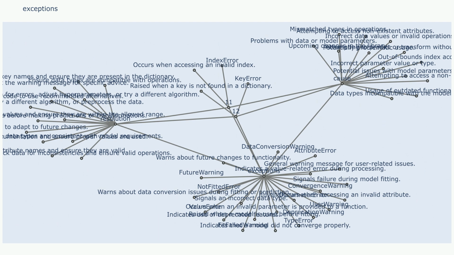NotFittedError. Description: indicates an attempt to use a model that has not been fitted to data. Causes: trying to predict or transform data using a model that hasn't been trained. Attempting to access model attributes like coefficients or weights before fitting.